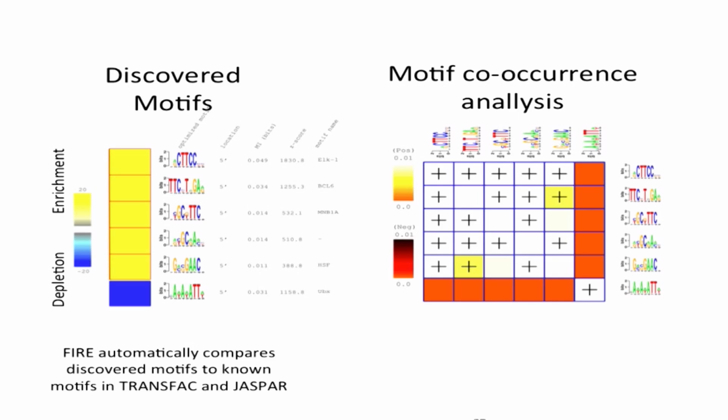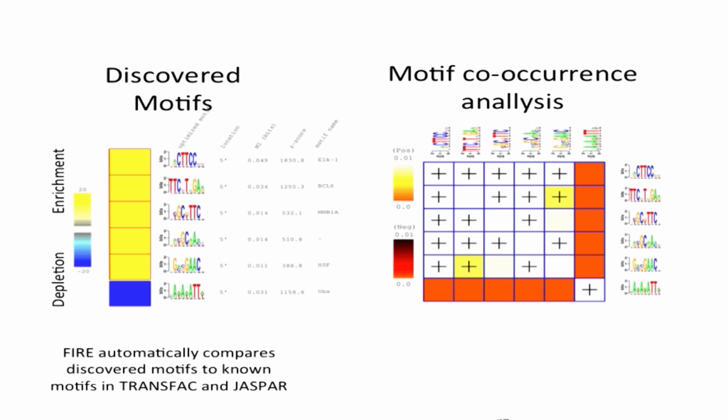The point here I wanted to make is that you do see several motifs. When you look them up, you see that they have been seen before, and they belong to different families, bound by different proteins. But now what you can do is look at the extent to which these pairs of motifs occur within the same peaks.